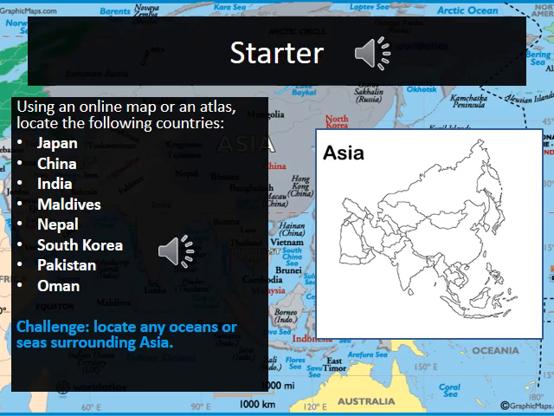The countries I'd like you to find are Japan, China, India, Maldives, Nepal, South Korea, Pakistan and Oman. And a challenge activity to press you a little bit further, can you try and plot the oceans and seas that are around Asia as well?